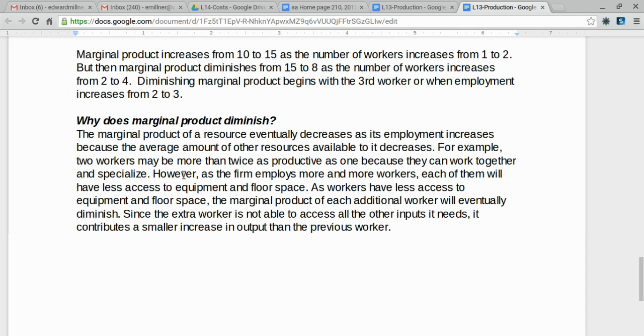As workers have less access to equipment and floor space, the marginal product of each additional worker will eventually diminish. Since the extra worker is not able to access all of the other inputs it needs, it contributes a smaller increase in output than the previous worker.